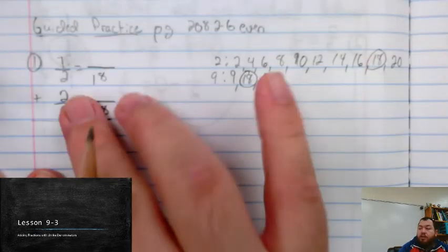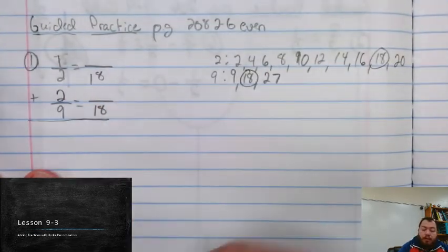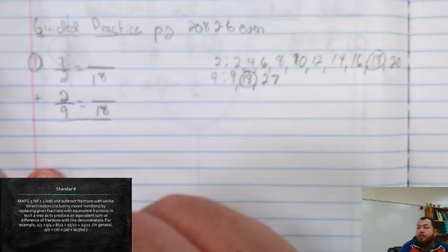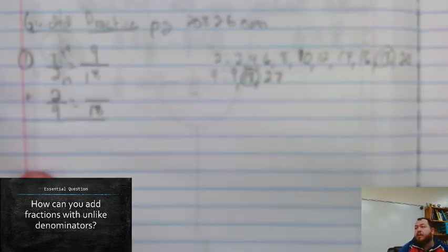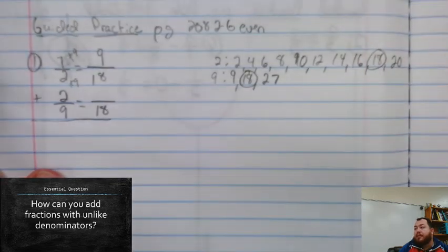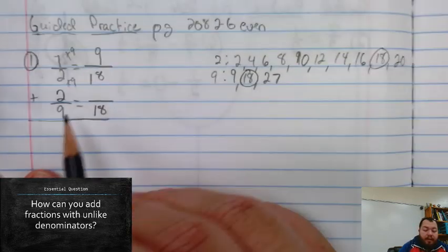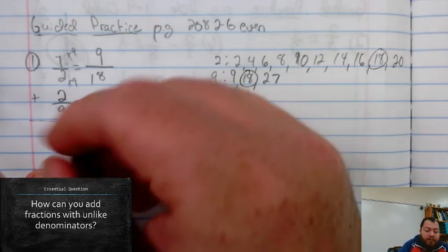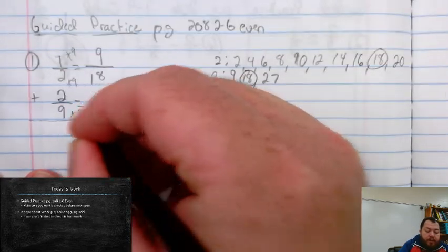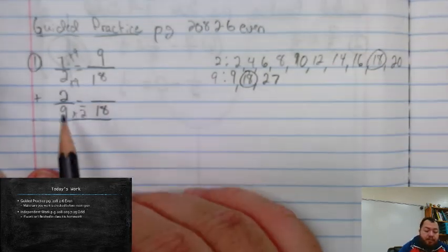And this is how it should look on your paper, right here. Then I need to find out, well, how many times does 2 go in 18? Well, that's 9 times. 9 times 2 is 18, so 1 times 9 is 9. So 1/2 is equivalent to 9/18. Okay? The second thing I need to do is, how many times is 9 going into 18? Well, that's 2. So 9 times 2 is 18.